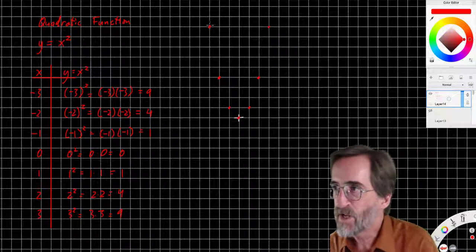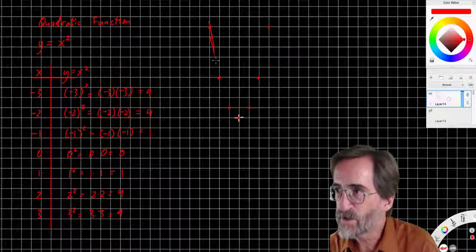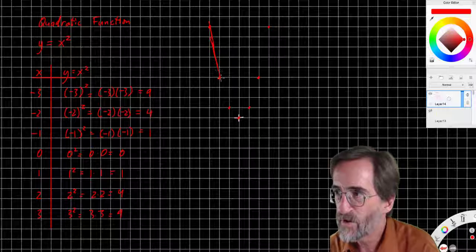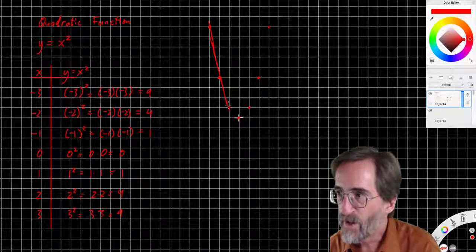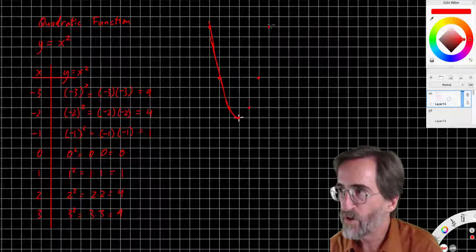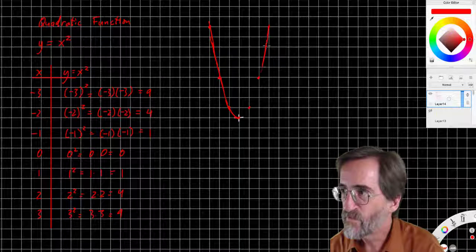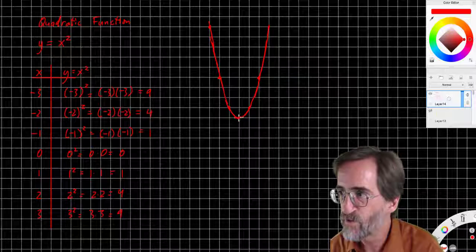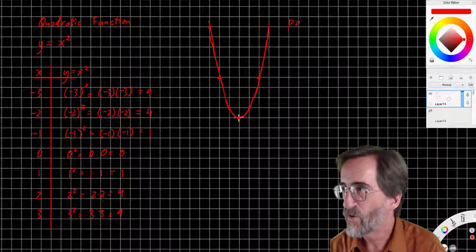And notice the shape we get is a characteristic U-type shape. The name of the shape is a parabola. It's not a V. It doesn't actually come to a sharp point. It's a smooth curve called a parabola.